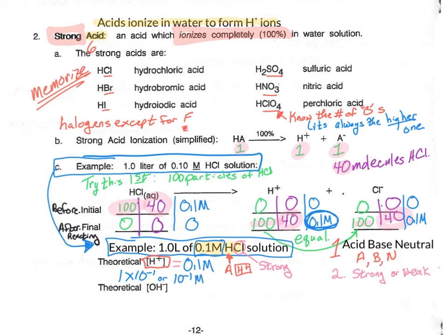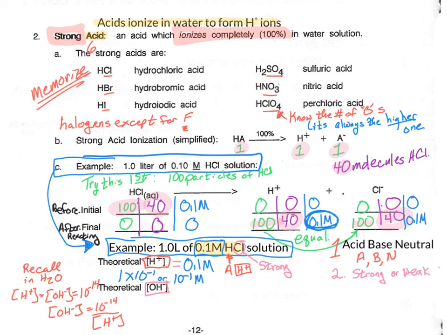Now, let's find the hydroxide ion concentration. Recall that in aqueous solutions, hydrogen times hydroxide is equal to 10 to the negative 14. When we solve for hydroxide, we divide both sides by the hydrogen ion concentration, and we find that the hydroxide is going to be 10 to the negative 14 divided by the hydrogen ion concentration.